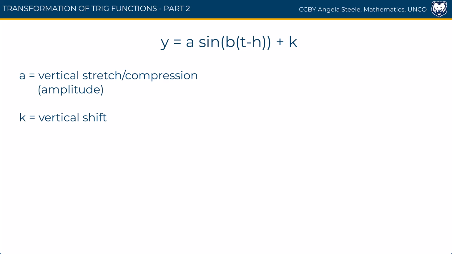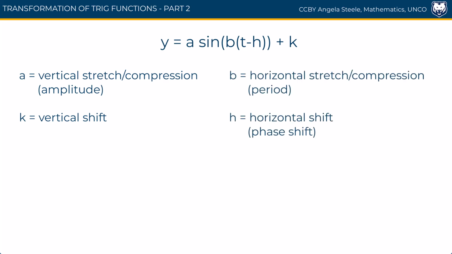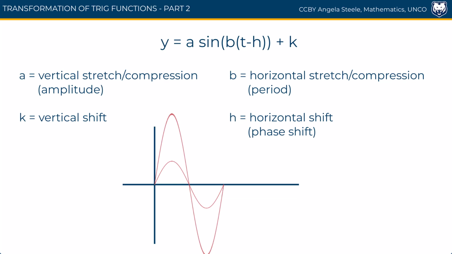If we go inside the function, that's the b and the h, and both of those do things horizontally. The b is a horizontal stretch or compression. In trig, we refer to that as the period. The h is the horizontal shift. In trig, we refer to that as the phase shift. The other thing I want to point out is that when the variable is multiplied, that's the stretch and compression.